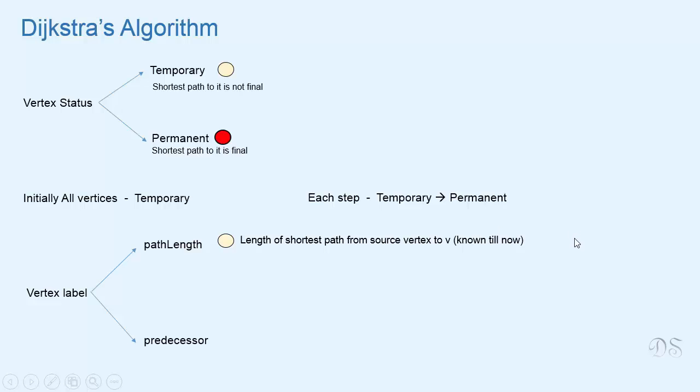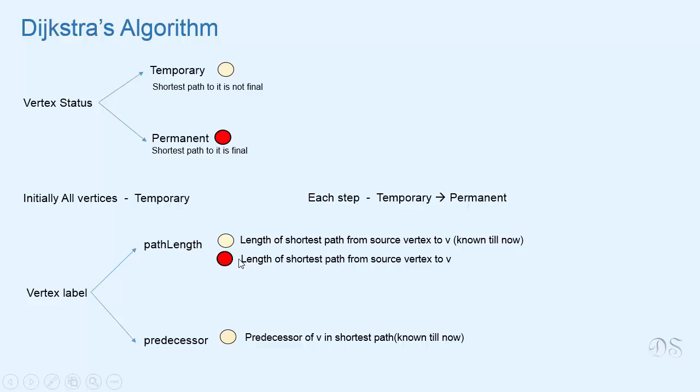As the algorithm proceeds, we might get a better path from the source vertex to vertex v, and in that case we'll change the value of this path length. The predecessor of a temporary vertex denotes the predecessor of v in the shortest path known till now. For a permanent vertex, the path length denotes the length of the shortest path from the source vertex to v, and predecessor denotes the predecessor of v in the shortest path.